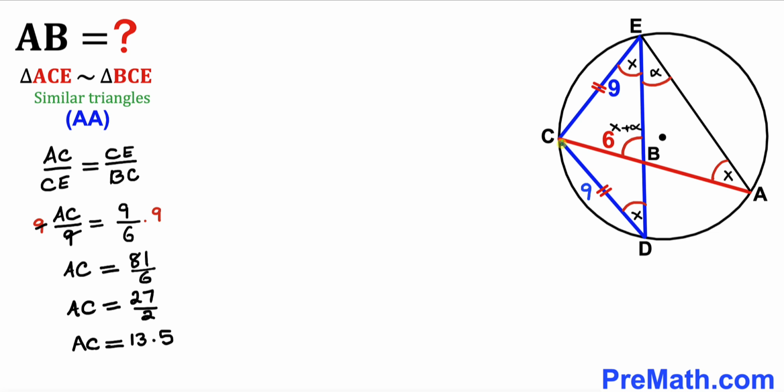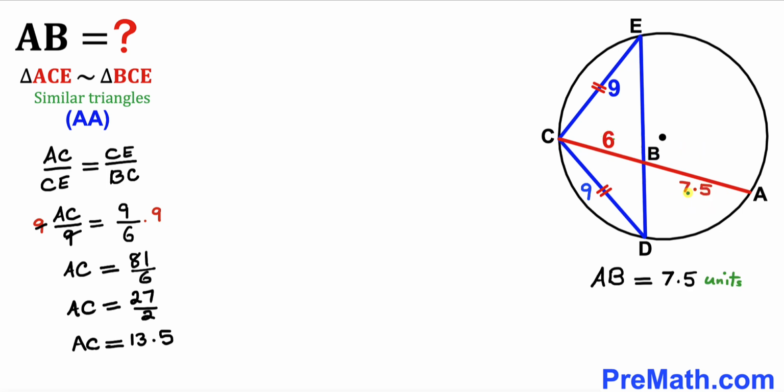And now we can see that this whole AC length is 13.5 units, but this BC length is 6. So this AB length is going to be 13.5 minus 6, which gives us 7.5 units. So our AB length turns out to be 7.5 units.